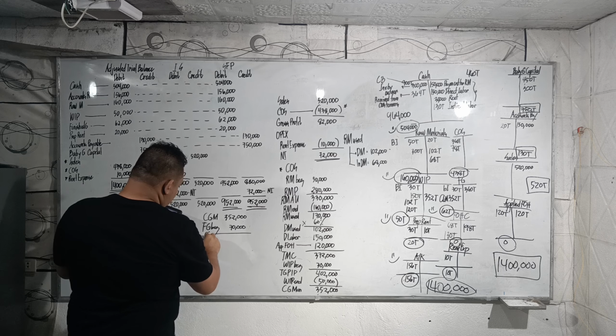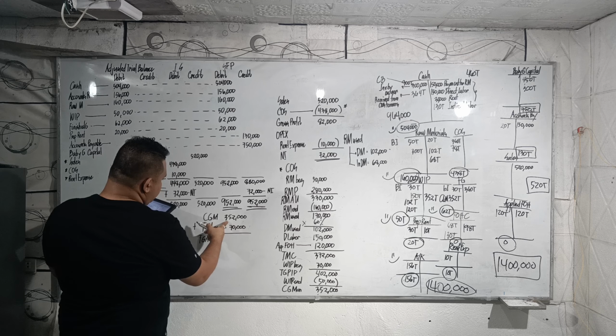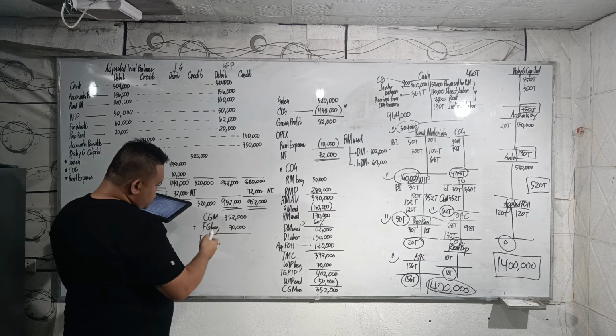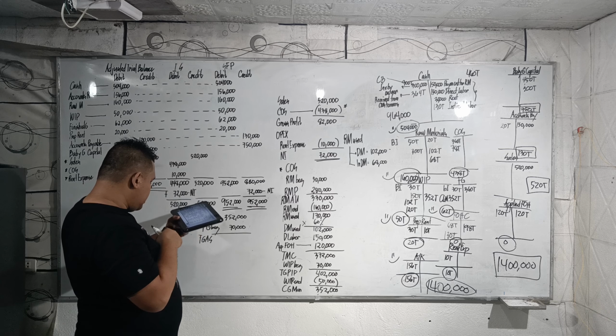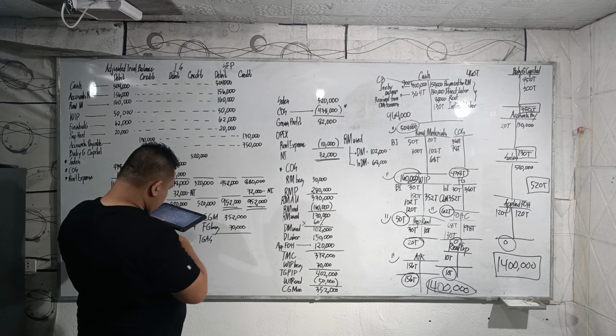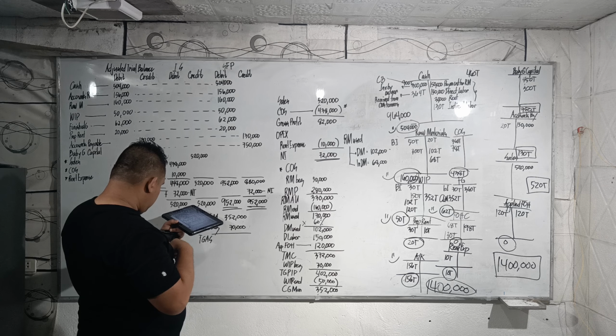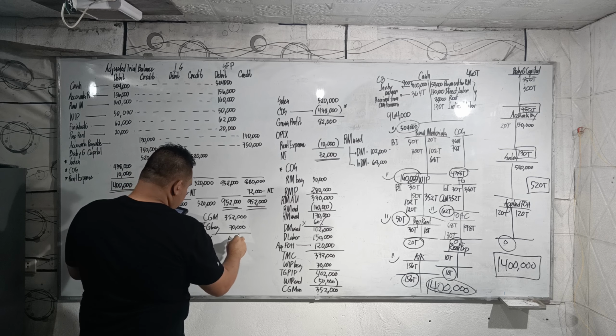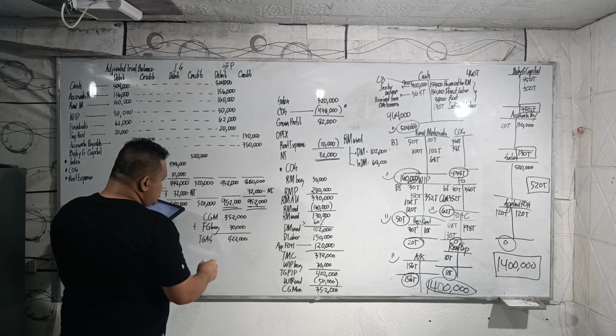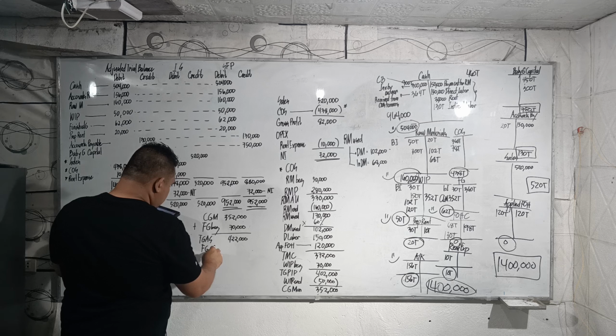So meaning, what are you going to get? The finished during the current period plus the finished last period which are unsold, the total goods that you'll be able to sell at the maximum is 422,000. And then we have the finished goods ending.